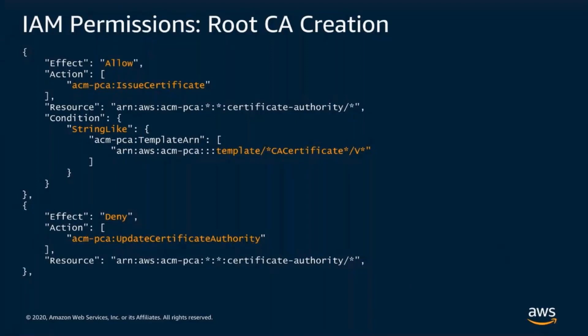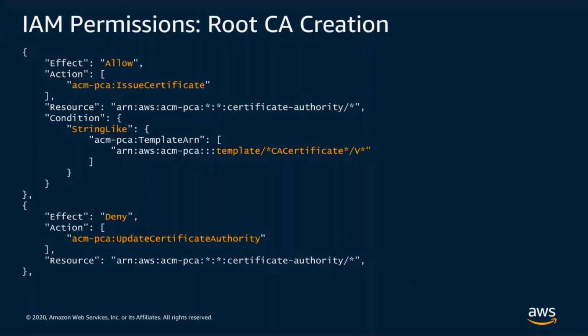This means that Alice can create subordinate CAs, but Alice is denied the ability to update the certificate authority. That's important because one of the features of Update Certificate Authority is disable and enable, so that when a CA is disabled, no one is allowed to issue off of it, only once it has been enabled again.